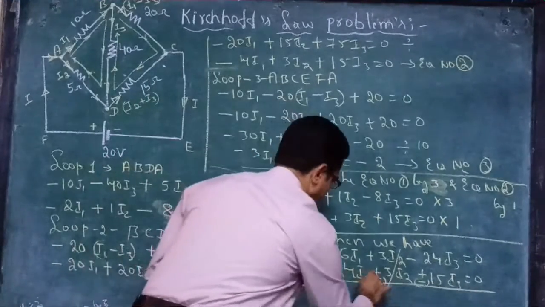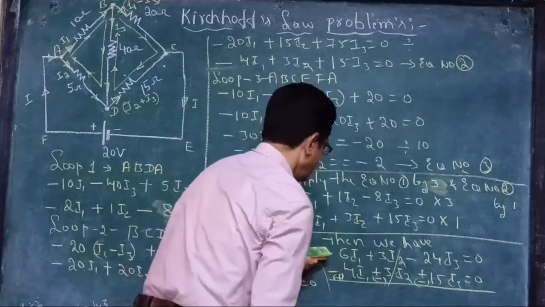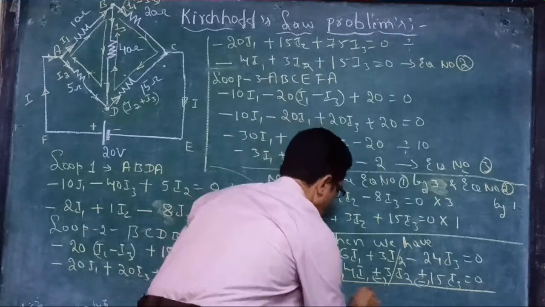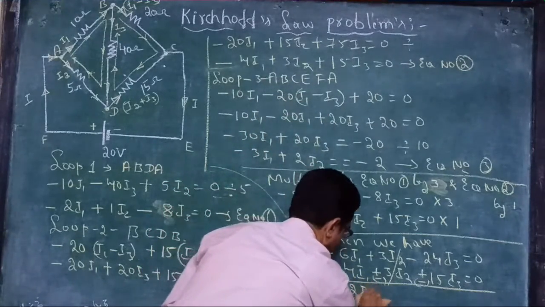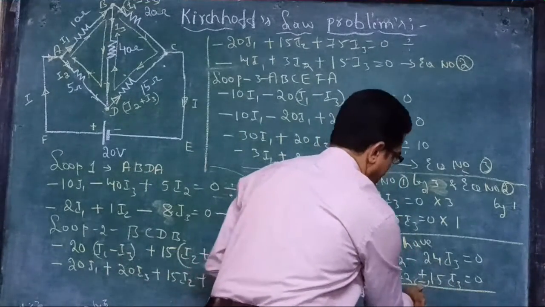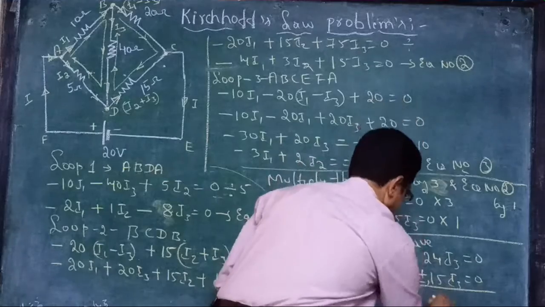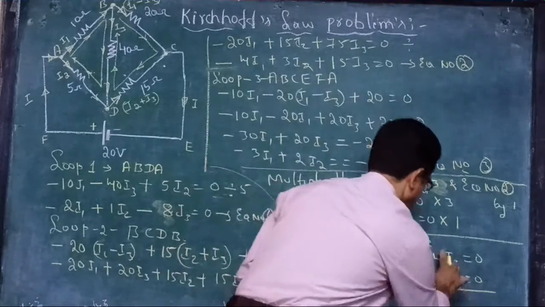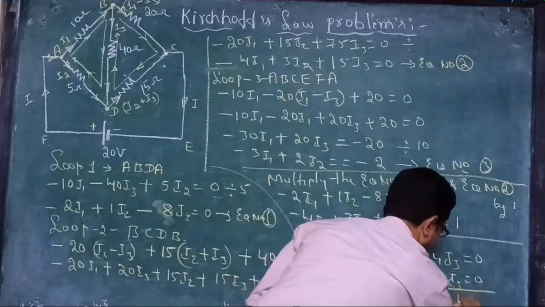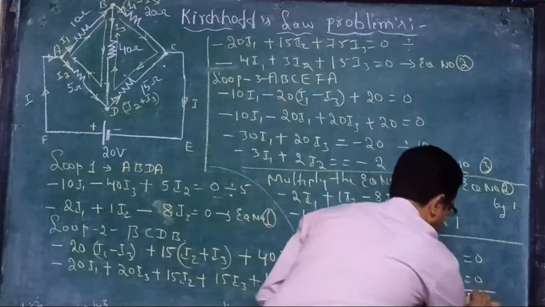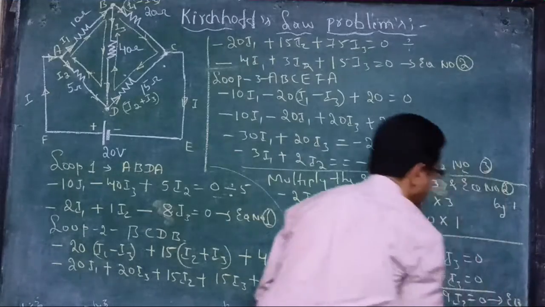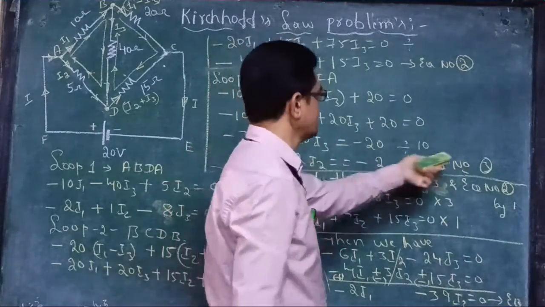This is also I1: minus 6 I1 plus 4 I1 means minus 2 I1. Next here this is negative, this is also negative, that means negative 39 I3 is equal to 0. This is equation number 3.